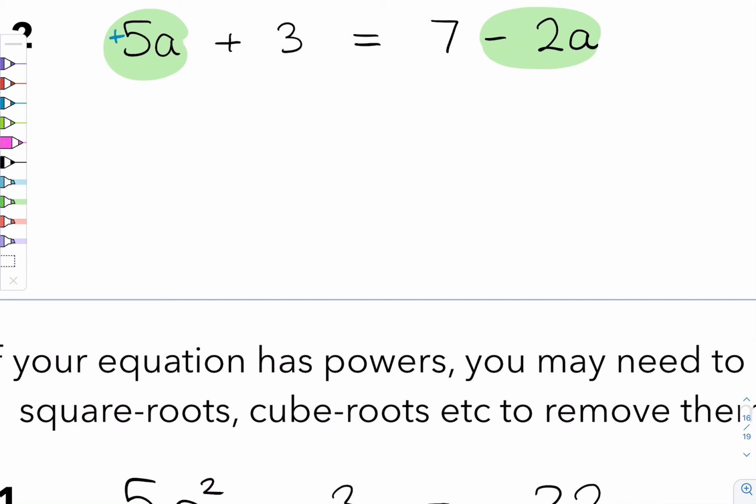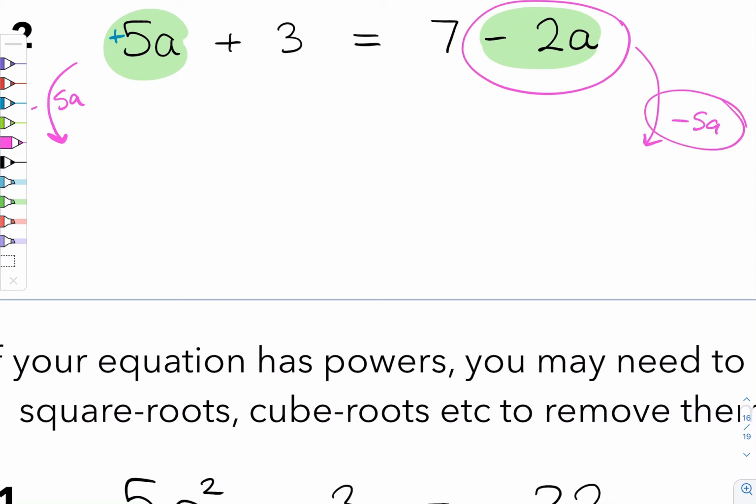So should I subtract 5 apples from both sides? Is that move going to make more negatives? Yes, it will. Negative 2 apples and taking away more apples is going to give me more negatives. There'll be negative 7 apples left behind. So I don't think it's the best move.